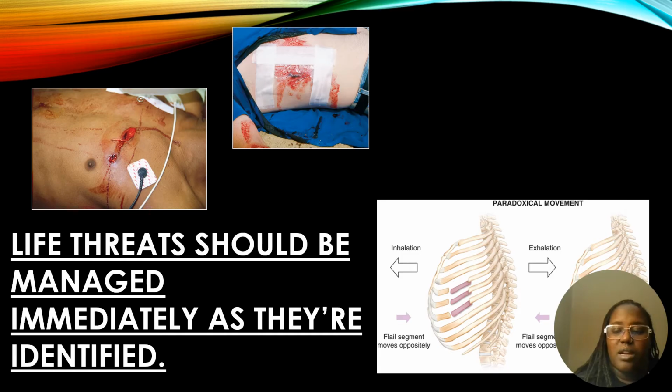Okay. One of the other things that we're going to be looking for and checking for is any type of major bleeding. We want to immediately stop that. So again, we're going to immediately place our gloved hand with some gauze over that wound to try to stop the bleeding. We want to make sure that we're applying pressure in this case.